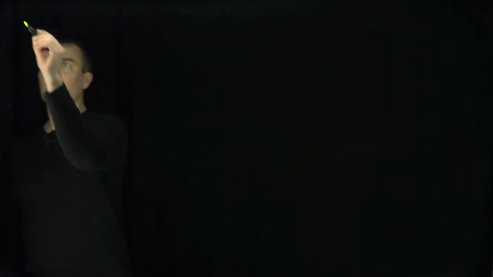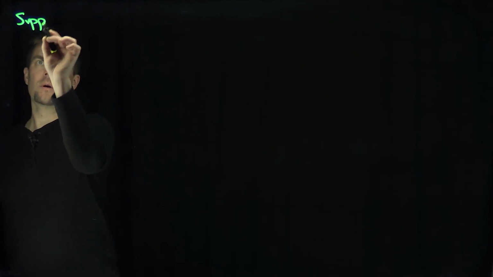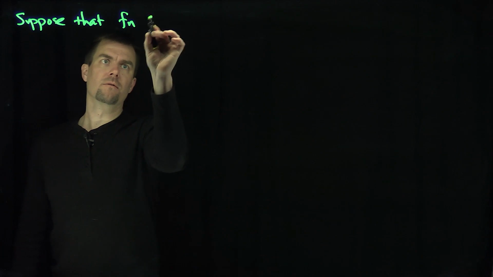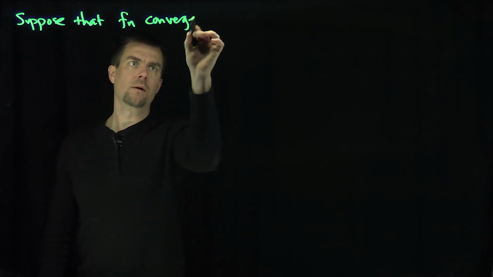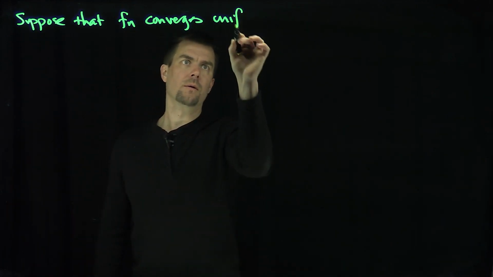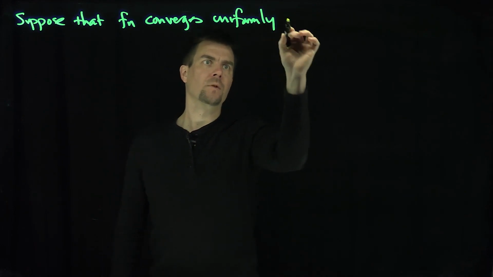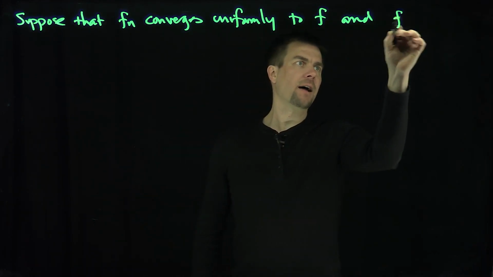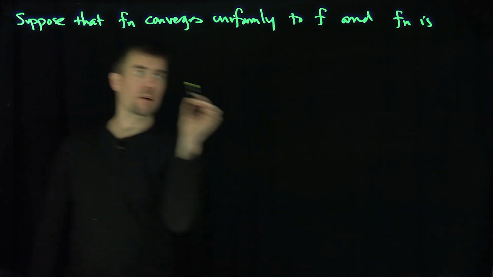Hello students, in this video we'll prove that the uniform limit of Riemann integrable functions is Riemann integrable. Let's suppose that Fn converges uniformly to a function f, and Fn is Riemann integrable for every n.